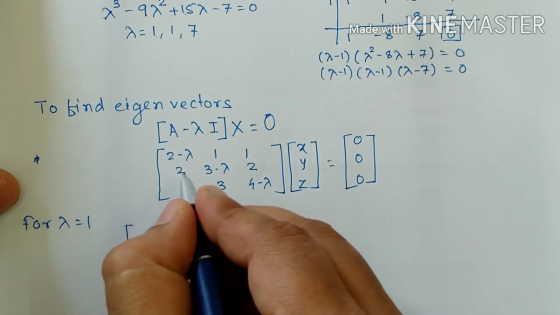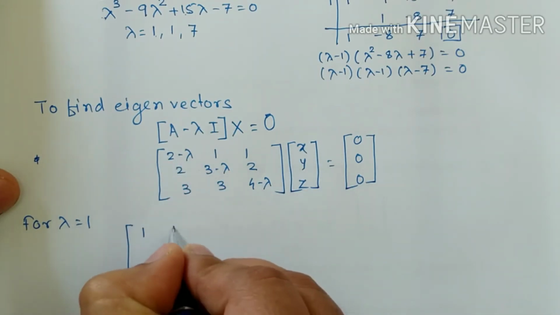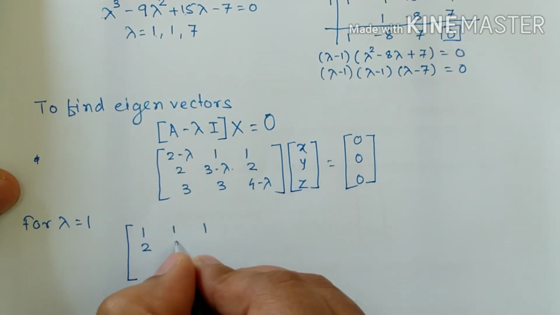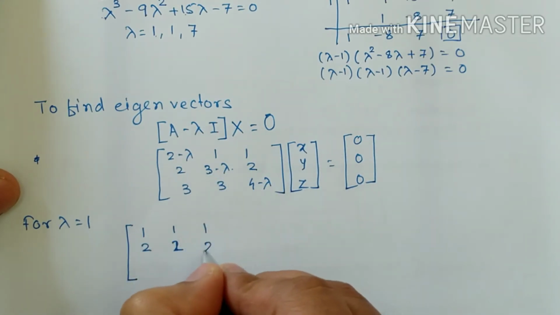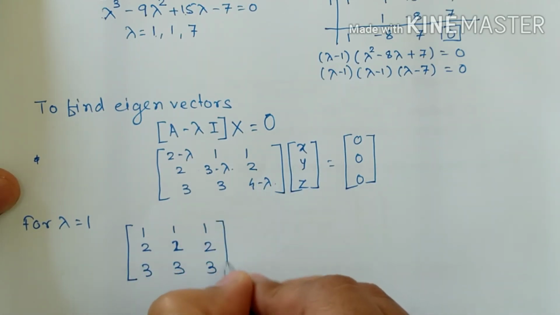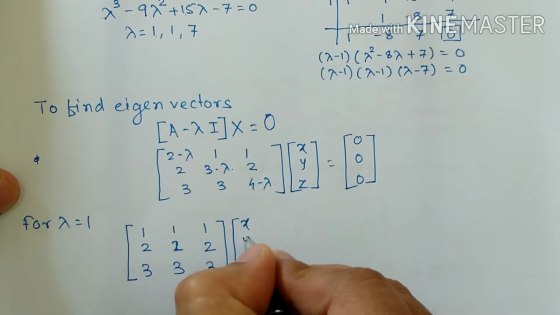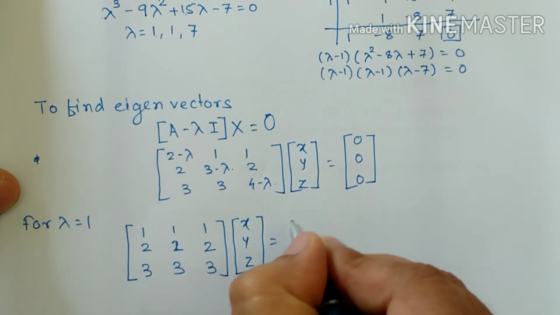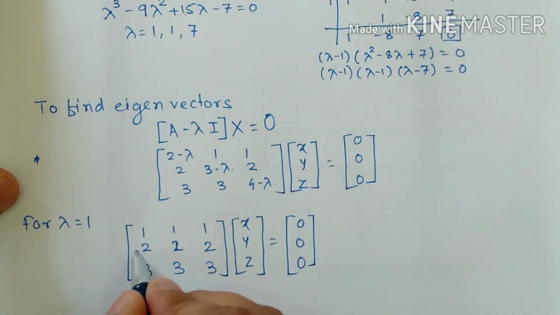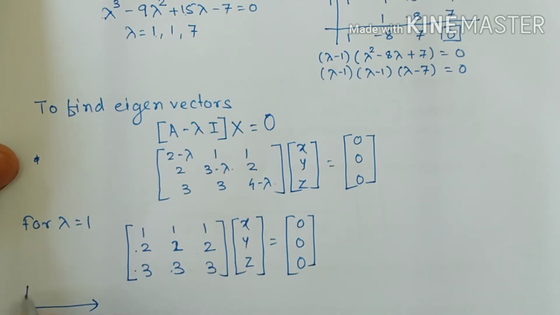When I substitute lambda equal to 1, the first row is 1, 1, 1. The second row is 2, 2, 2, and the third row is 3, 3, 3, into x, y, z equal to 0, 0, 0. Now our job is to get zeros at these places. It's very simple: I go with R2 minus 2 times R1.